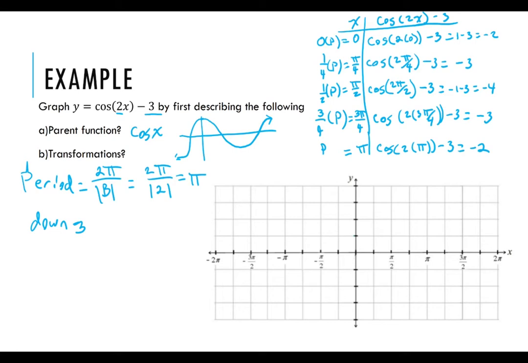Now, to give us some frame of reference, I'm going to make each one of these tick marks worth 1. And then, when I graph this, at 0 we have negative 2. At pi fourths, we have negative 3.